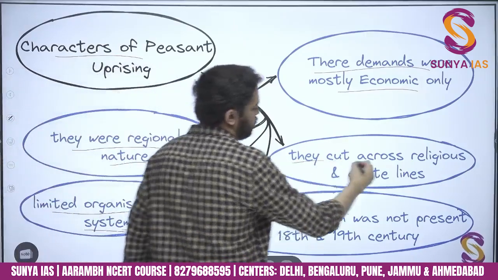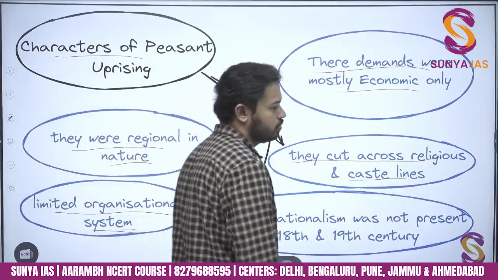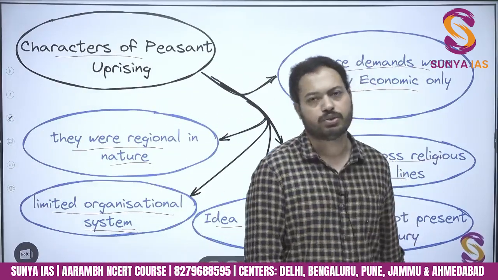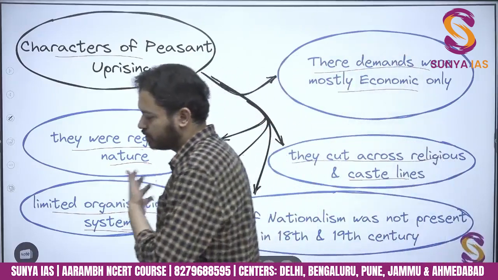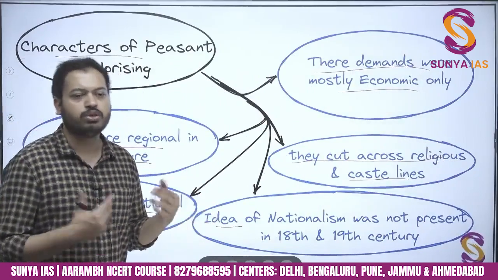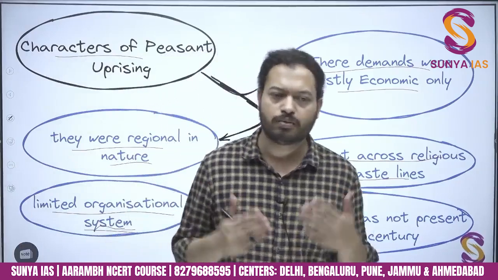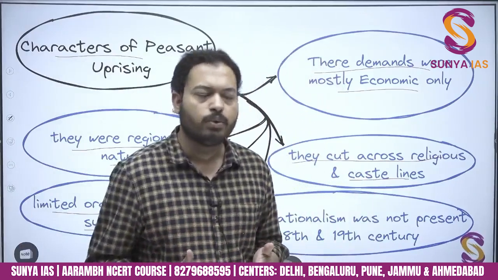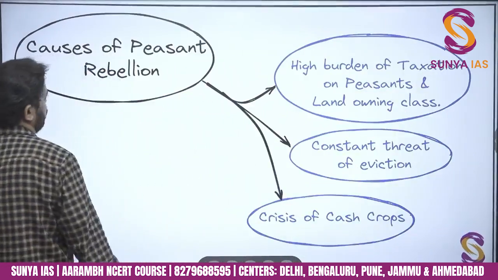They cut across religious and caste lines, and the idea of nationalism was not present at all in the 18th and 19th century. Their issues were usually economic. There was nothing much about the idea of nationalism there. All they wanted was to pay less revenue, that's it.